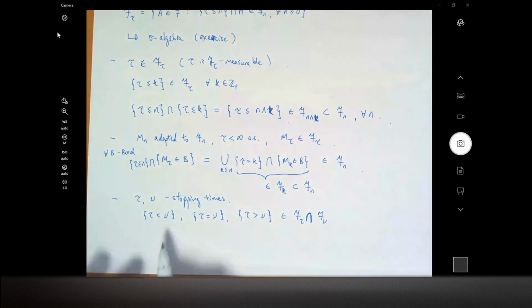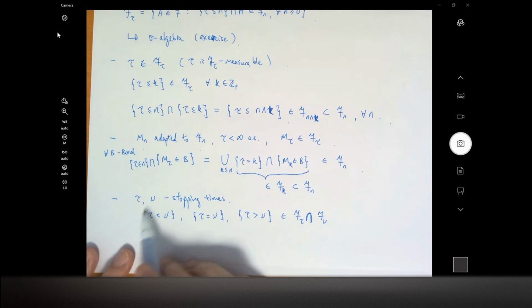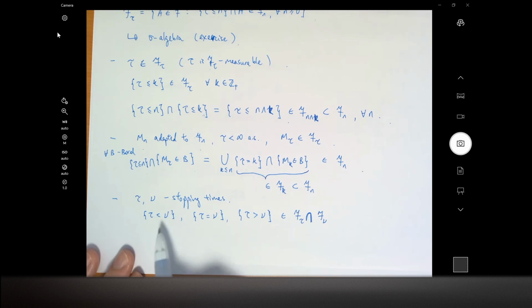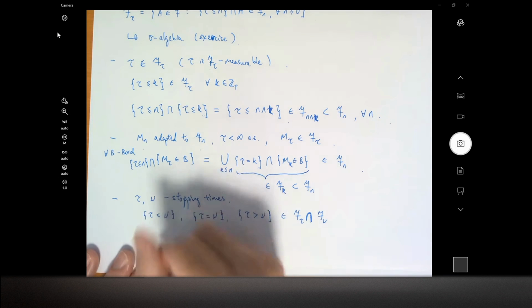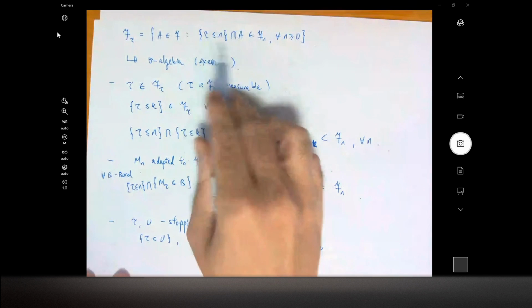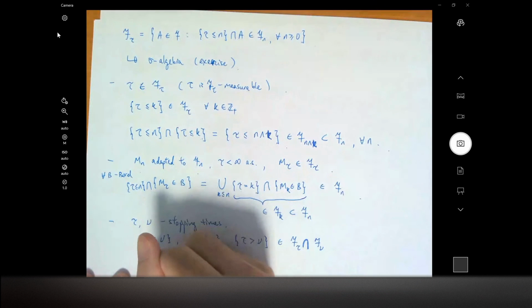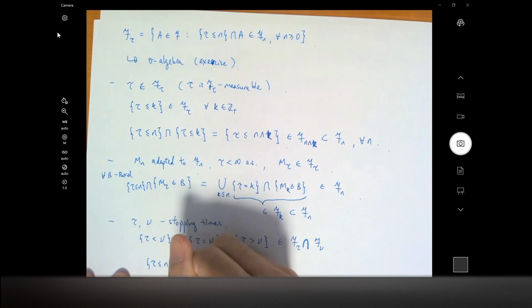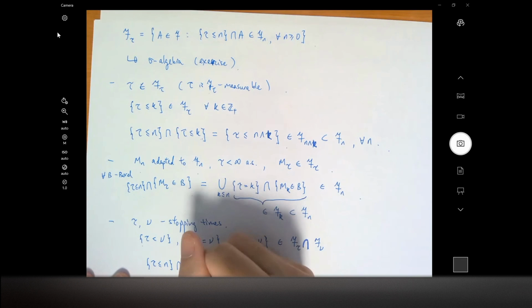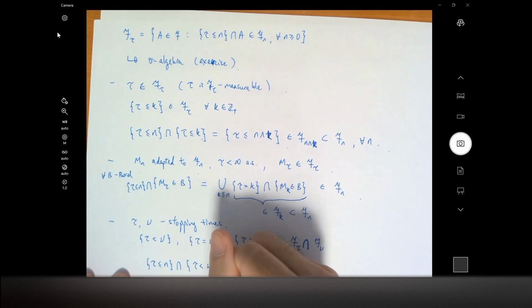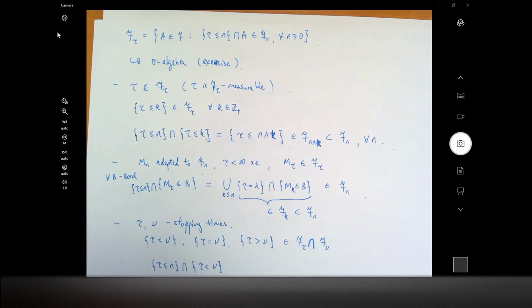Okay, let's prove the first one. Then the rest I think you can handle yourself. To prove that this is inside F tau, according to this definition, I need to show that tau smaller than n intersect with this event is inside Fn.